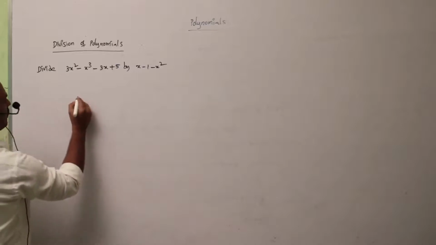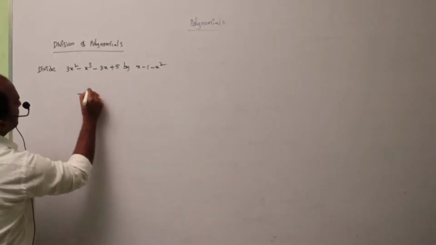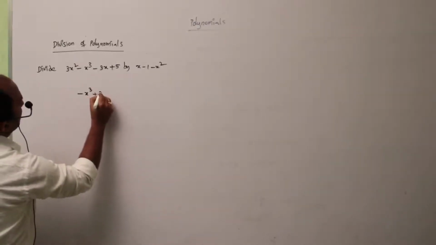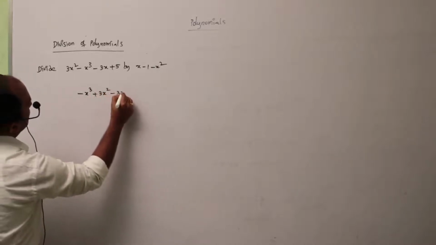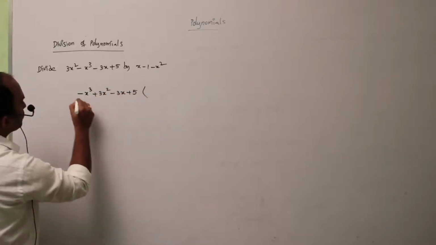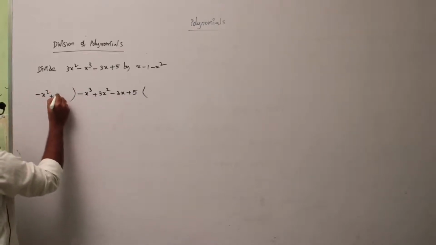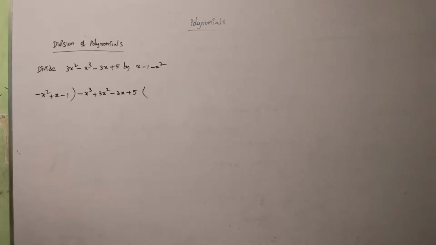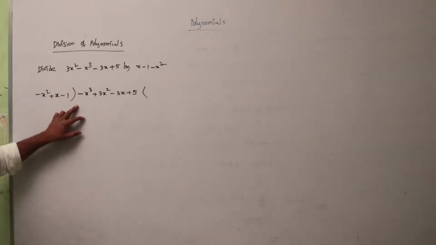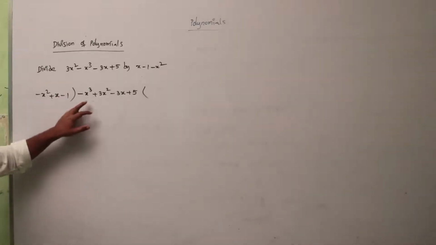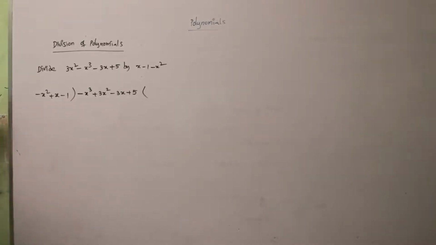So minus x cube plus 3x square minus 3x plus 5, and that is also minus x square plus x minus 1. This is the first step. The given polynomials you have to arrange in either ascending or descending order.